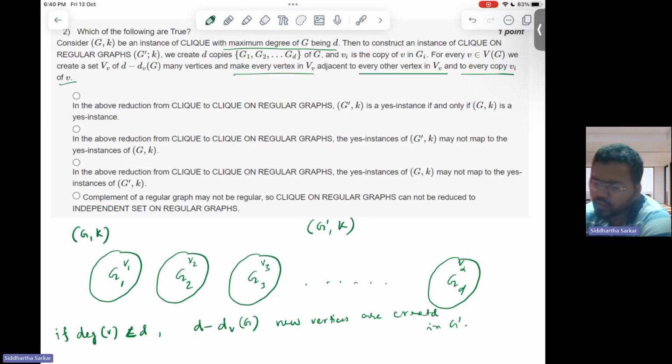So if you make 10 new vertices, then you make a 10-clique, and then you also connect each of these 10 new vertices to every copy of the vertex that we have already created. This is the one reduction that they have described.